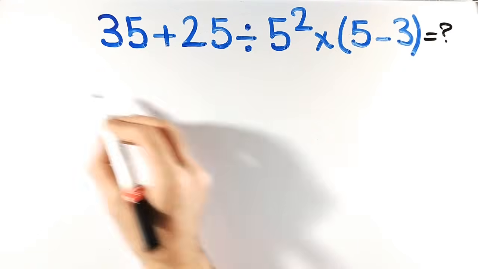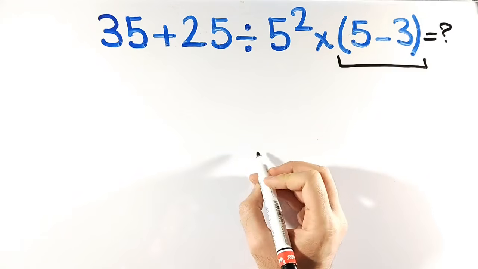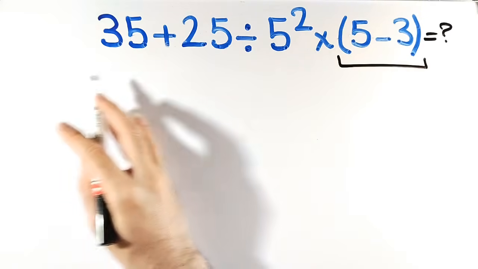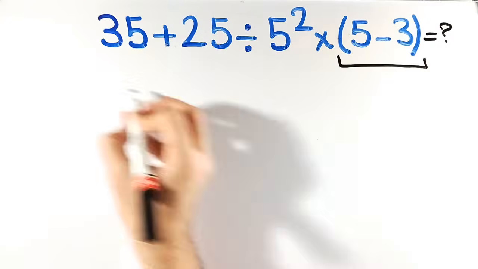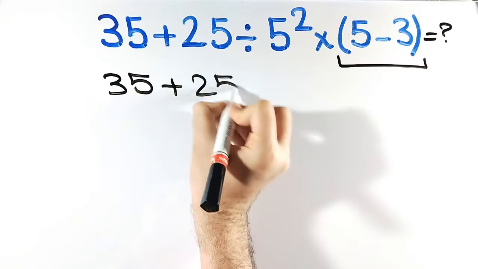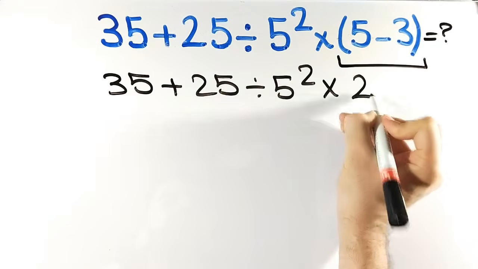Also, some other people when solving this question first go for the expression inside the parenthesis because they believe parentheses have a higher priority than the other operations. So, instead of this expression, they write 35 plus 25 divided by 5 squared multiplied by 2.